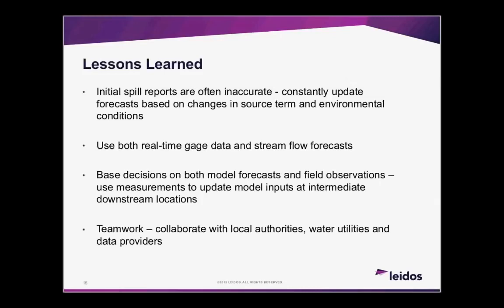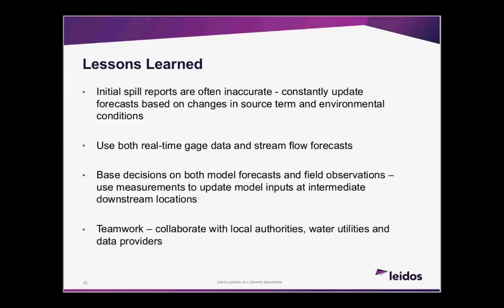So we had a number of lessons learned for future experiences with this kind of event and this kind of modeling. Initial spill reports are often inaccurate, and you need to constantly update forecasts based on changes in the source term and also environmental conditions like the flow. Using both real-time gauge data and stream flow forecasts is important. Not all gauges that we encountered were reporting flow.